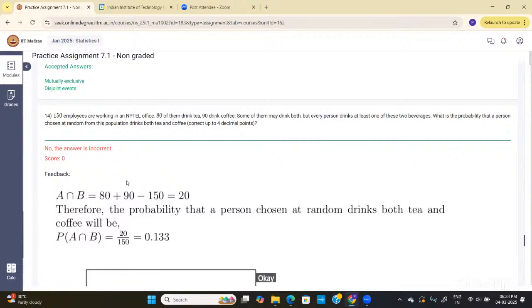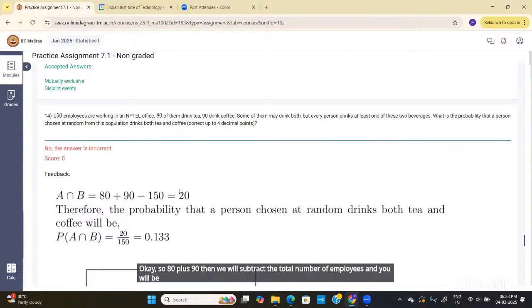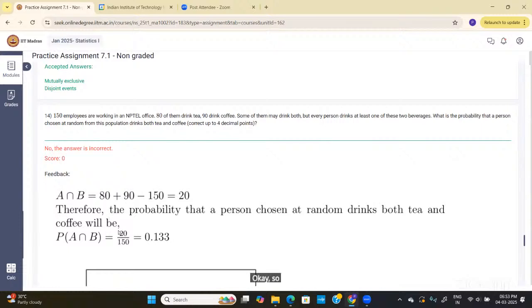So 80 plus 90, then we subtract the total number of employees and you will be left with the intersection part of tea and coffee. So 20 will be the number of favorable outcomes divided by total outcomes. That will be your answer.